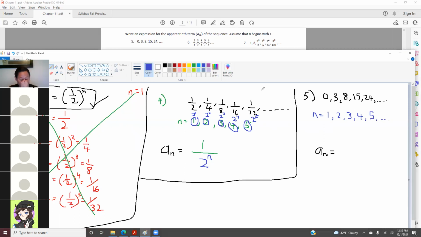Anyone? Tricky. Anyone know how to do this?